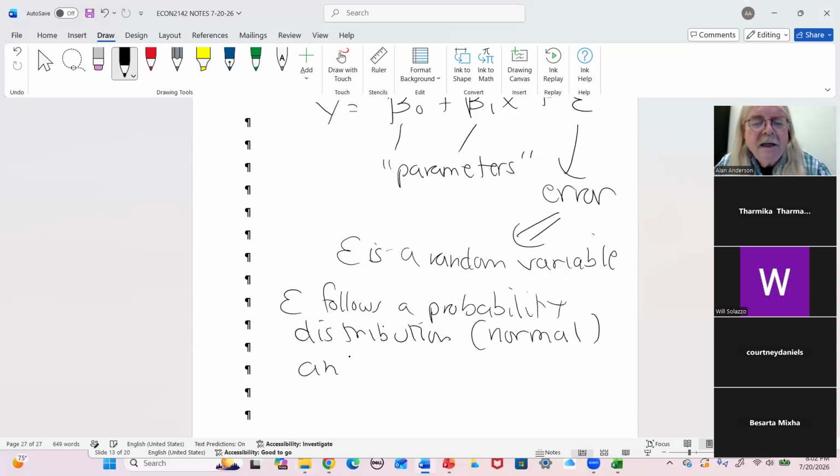And it has what are called moments. They're summary measures of a random variable.